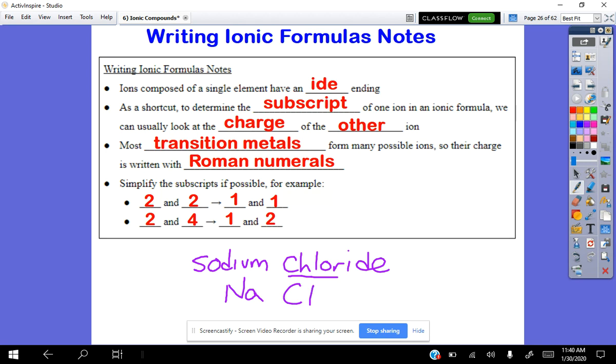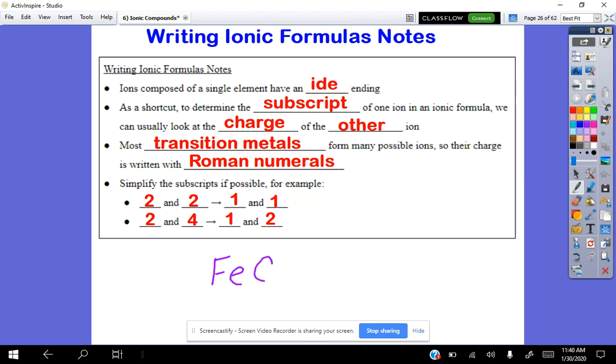There is a proper way to write the formulas, and we do need to look at our charges, and I'll talk about that in a minute. When we're dealing with some types of elements that have unknown charges, if I look at a compound like FeCl3, iron is a transition metal.